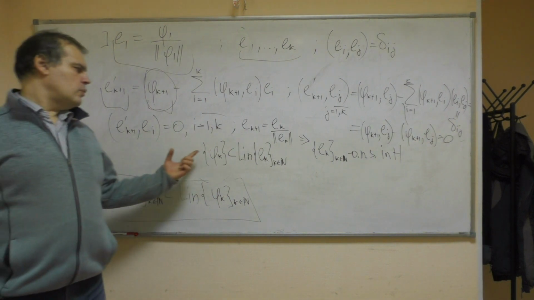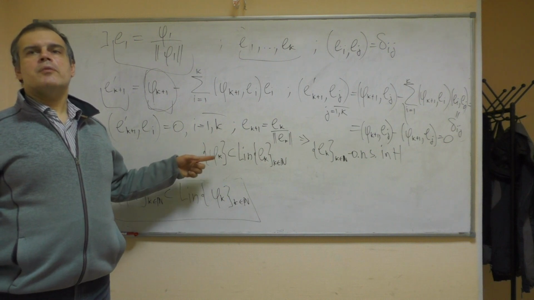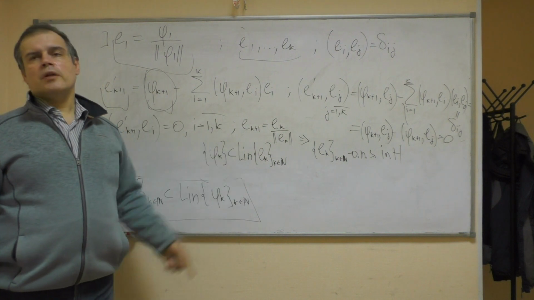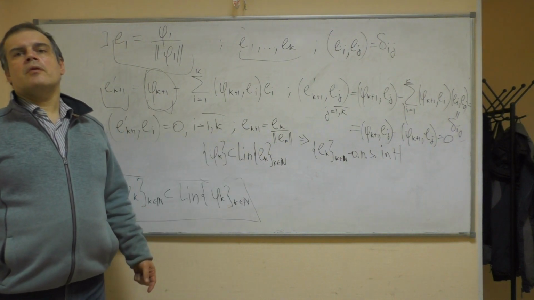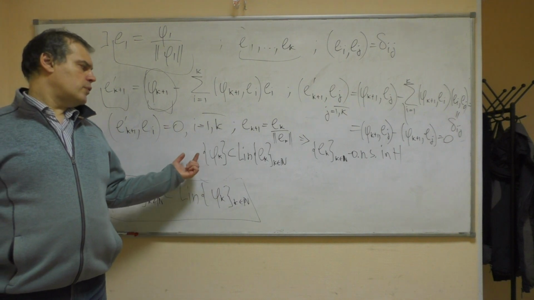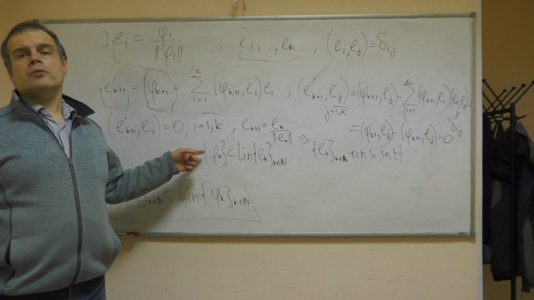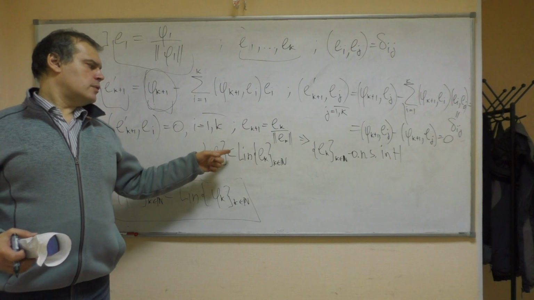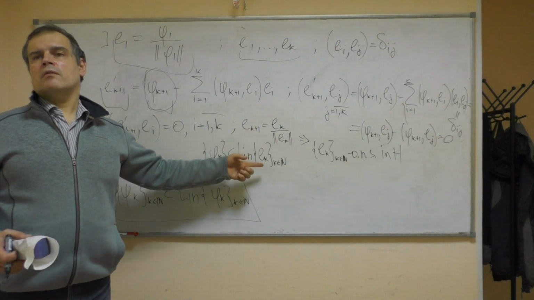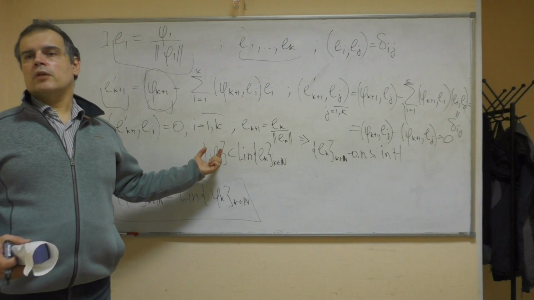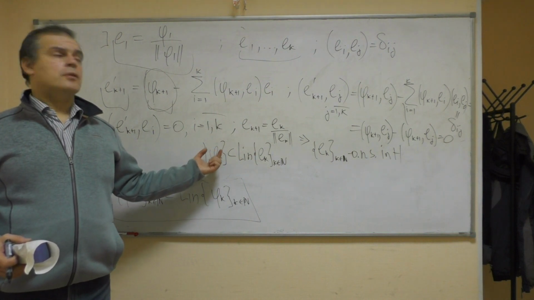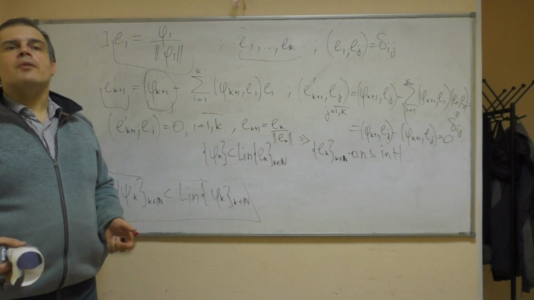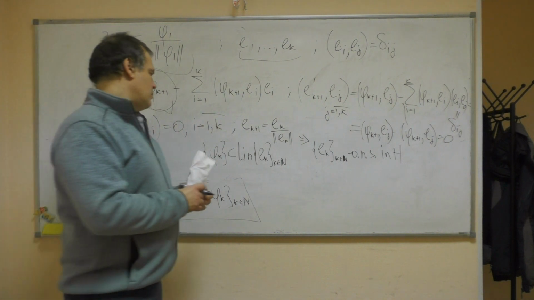So if all vectors of this system can be represented as a linear combination of this system, what is written here, the same can be done for the linear envelope. So any linear combination of vectors phi can be represented as a linear combination of vectors E. Each vector in this linear combination can be represented as a linear combination of these vectors, and then a linear combination of linear combinations is a linear combination.